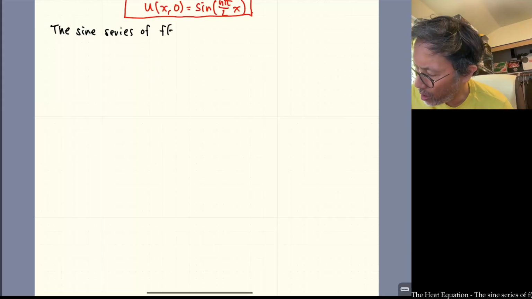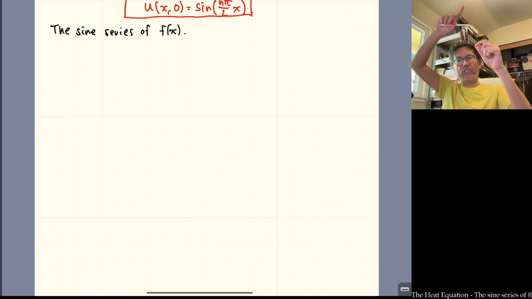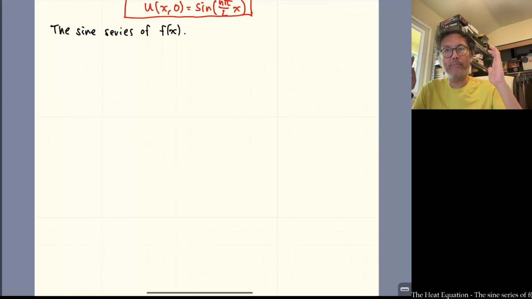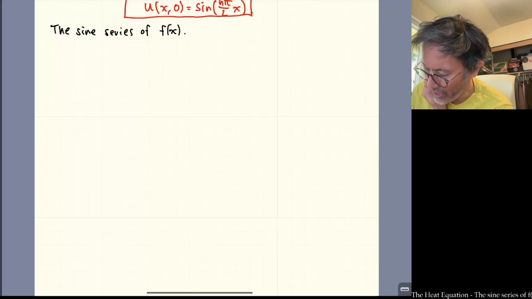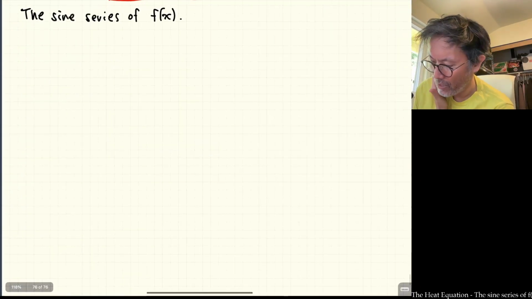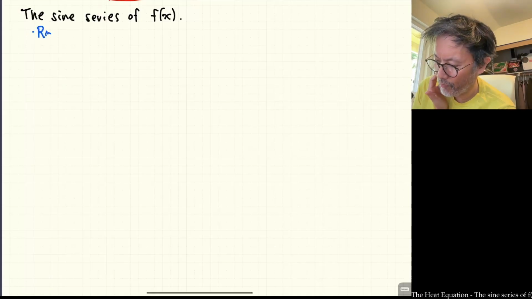So right now, our function f of x is the initial distribution of heat in this bar of length L. The way I want you to think about it is that we have this function f right now.